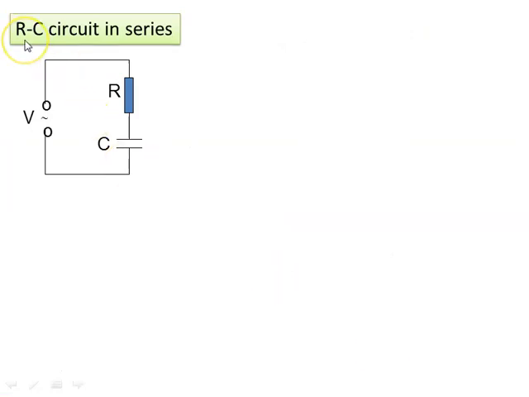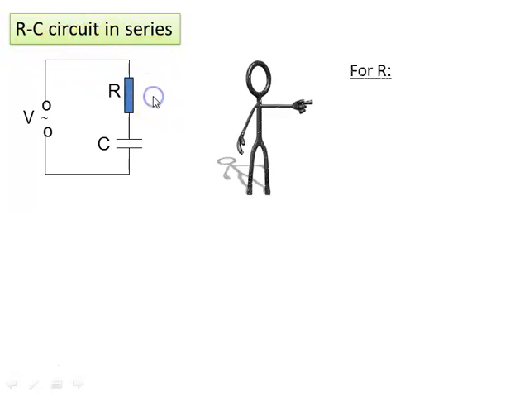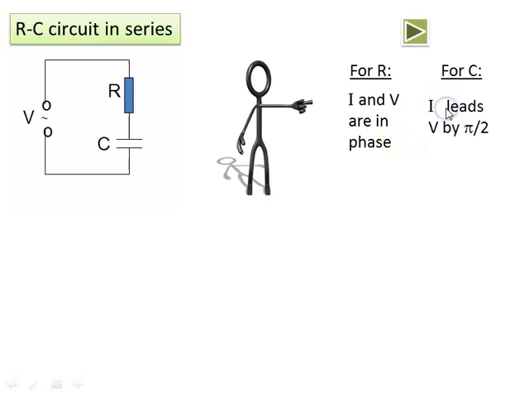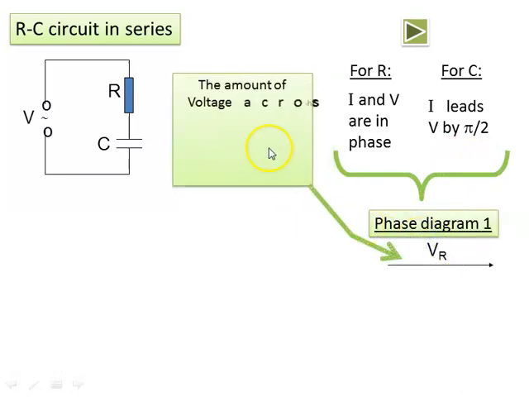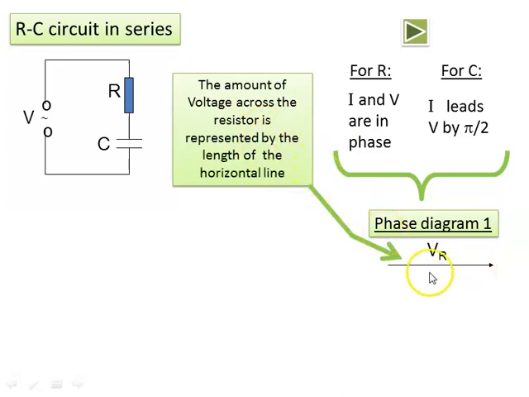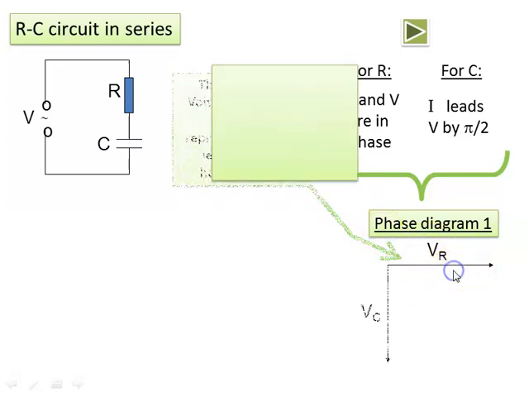Okay, we discuss here the first circuit, RC in series. For R, I and V are in phase, and for C, capacitance, I leads V by pi per 2 radians. So if we draw the phase diagram, the amount of voltage across the resistor is represented by the length of the horizontal line, VR.